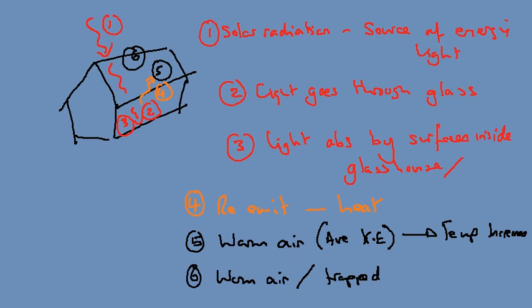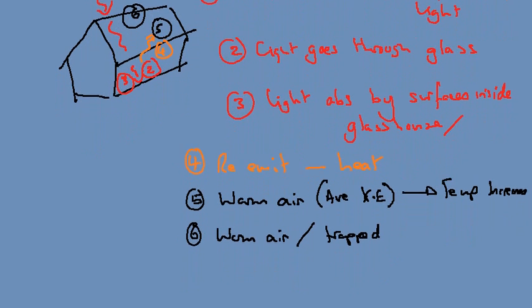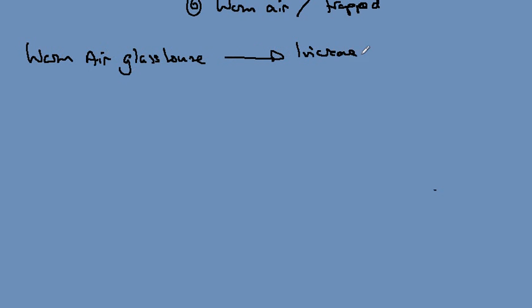How does this cause an increase in crop yield? So we're going here from the warm air in the glasshouse to an increase in crop yield.